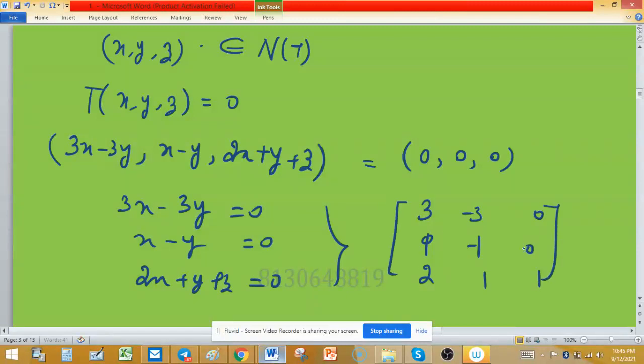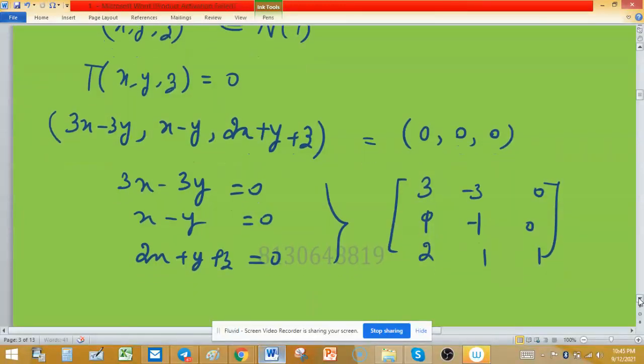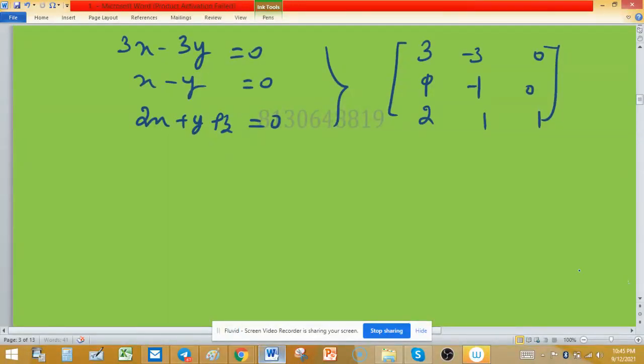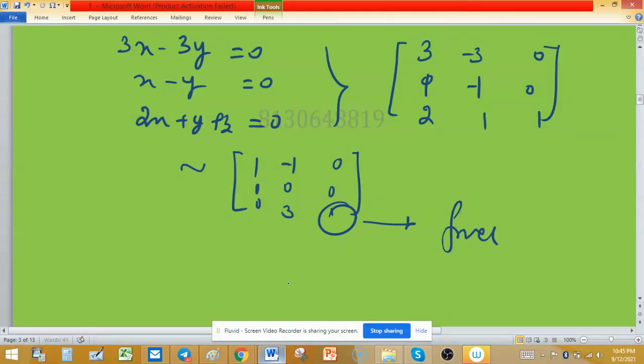Coincidentally, this coefficient matrix is the same as the matrix we obtained in the second method. After applying elementary row operations, the equivalent matrix will be (1, −1, 0), (0, 3, 1), and the zero row. So you can say that this is a free variable. The number of free variables is the nullity, so the nullity of this transformation is 1, and using the rank-nullity theorem we can easily tell the rank.